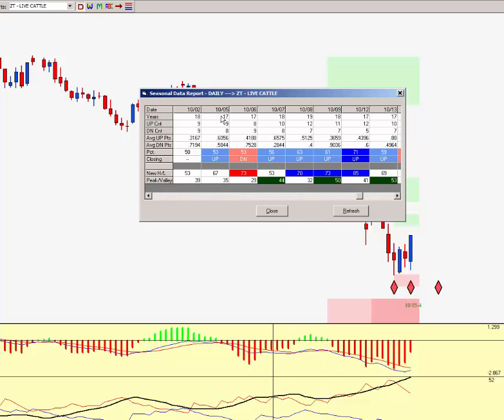If you'll notice, it shows here that 10.6 had a high probability of making a new higher low, but since it's red, historically it favored lows. And sure enough, it made a new low.